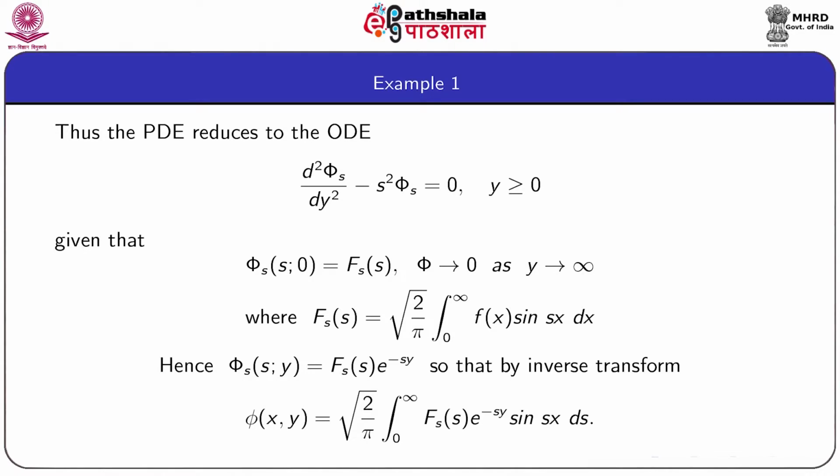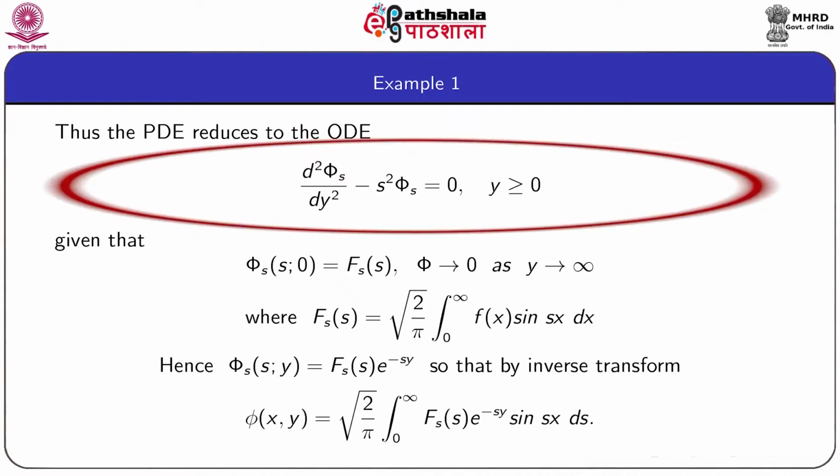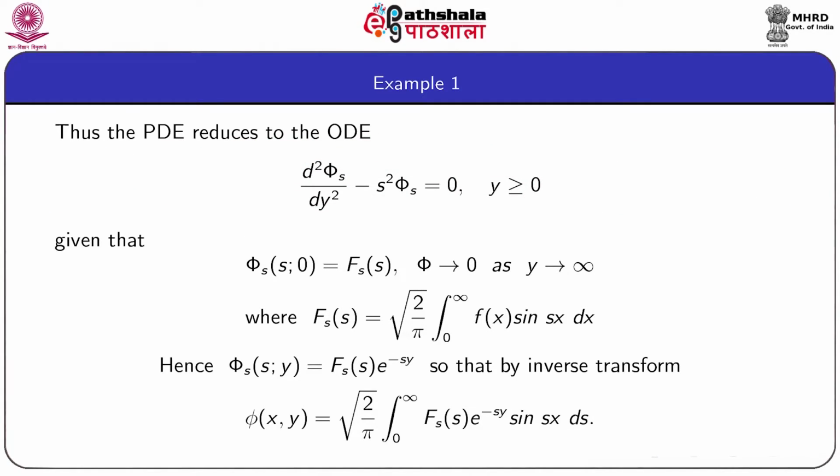Using this, we see that the given PDE, that is the Laplace equation, reduces to the ordinary differential equation in capital phi s as d2 phi s dy2 minus s square phi s equal to 0, where y is greater than or equal to 0.